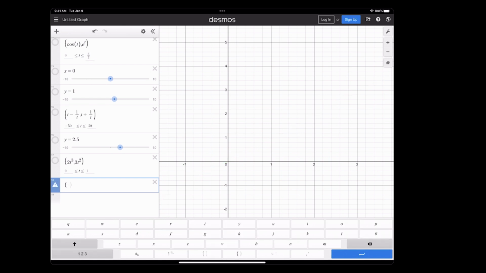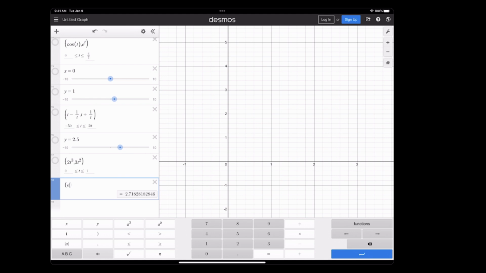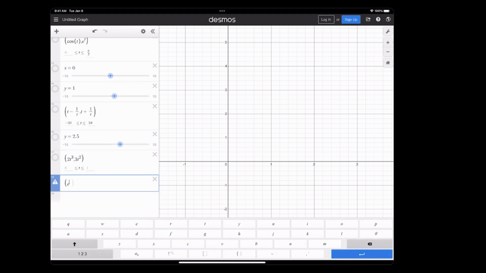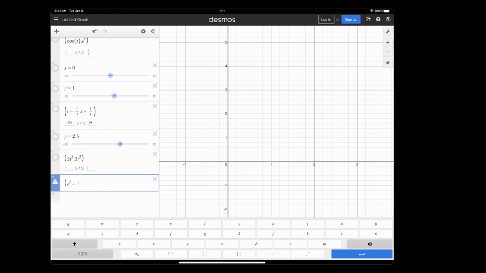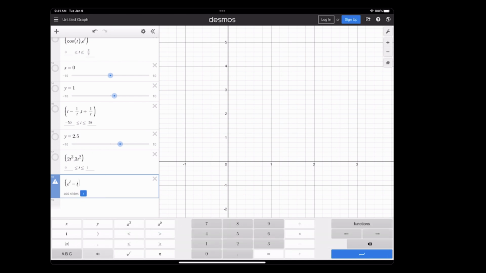They do it differently. e to the t minus t, and then 4e to the t over 2.